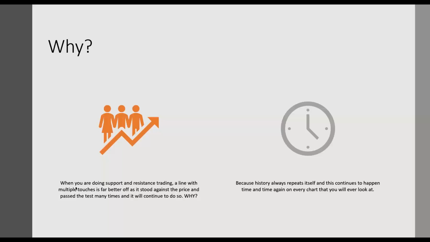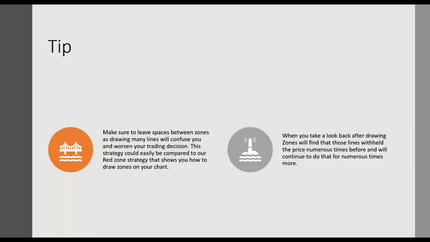So when you are doing support and resistance trading, a line with multiple touches is far better, as it stood against the price and passed the test many times, and it will continue to do so. Why? Because history always repeats itself, and this continues to happen time and time again on every chart that you will ever look at.